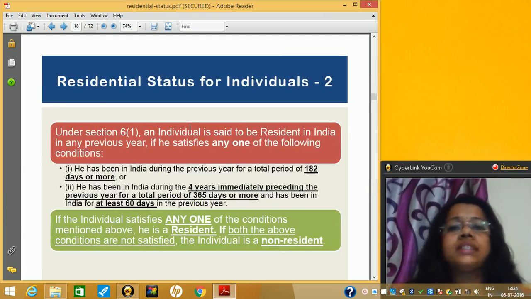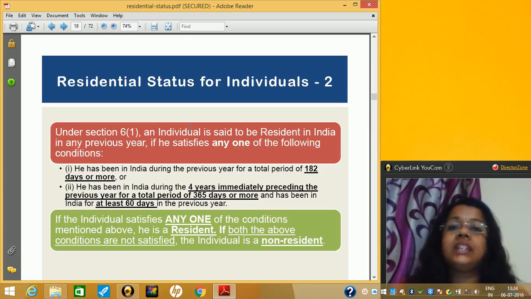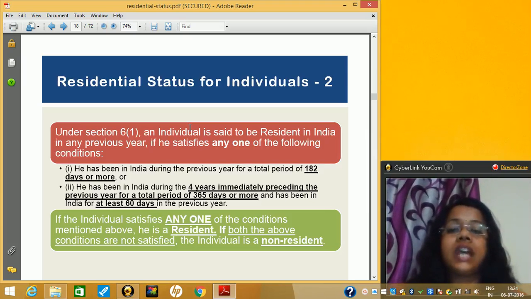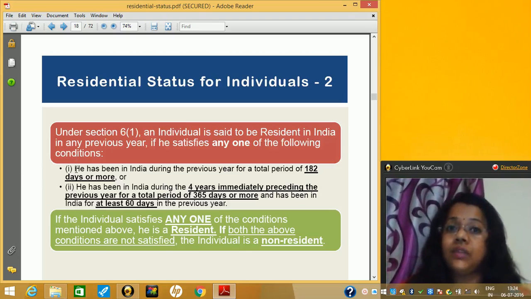So there are certain conditions on the basis of which we determine whether a person is resident or not. Under section 6 subsection 1, an individual will be considered as resident if he satisfies any one of the following conditions. Here two conditions are given. Let's go to the first one.